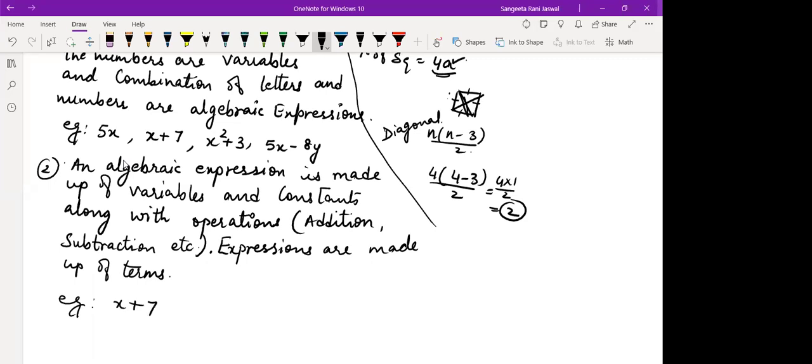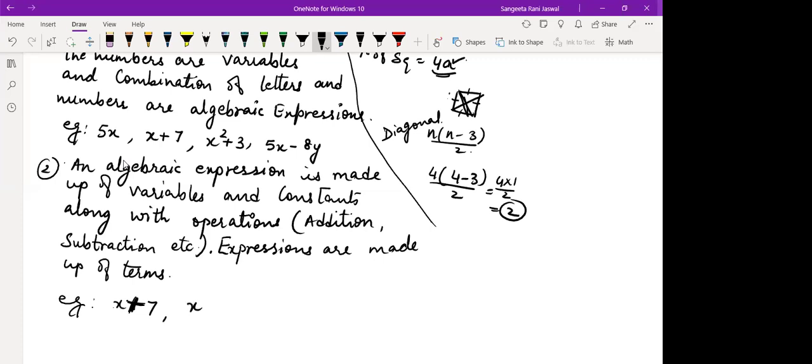Everyone please pay attention. Now see, there are two terms. This is 1 into x is x only and this is 7. But how can I say that these are two terms? Because they are separated by this plus sign. Yes, this is one term plus another term. Are you understanding? Okay.